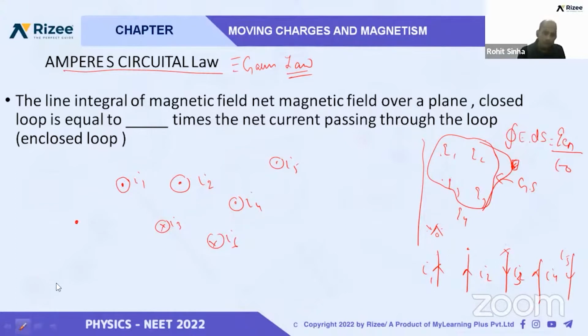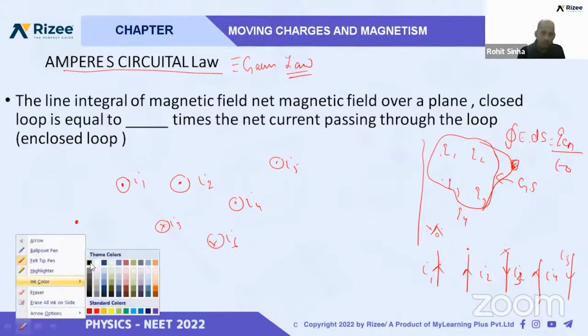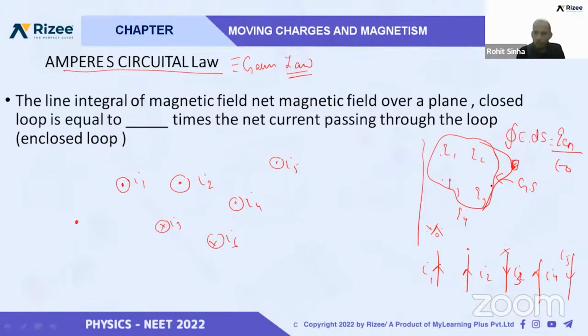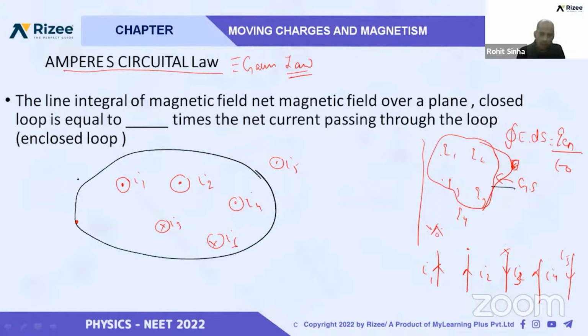Ampere told that here, instead of a Gaussian surface, draw a closed loop, and he named that loop the Amperian loop.